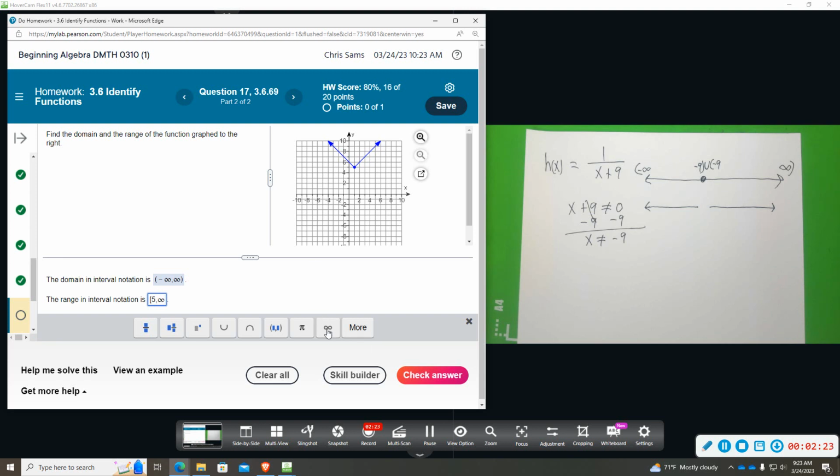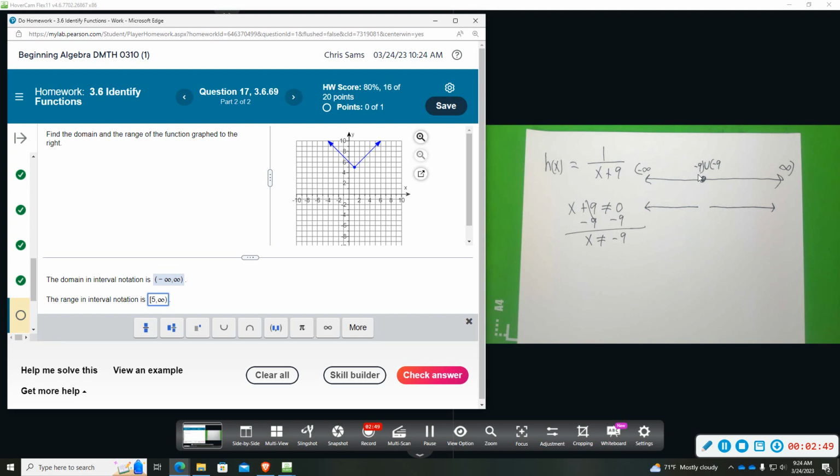Now with infinity, we always do a parentheses, because infinity is not a real number. Infinity is not something that we actually reach. We're always just moving. It just means on and on and on, kind of like the Energizer Bunny, it just keeps going. Whenever you don't actually reach a number, or you don't include a number, kind of like what we did with the -9, -9 was not included.